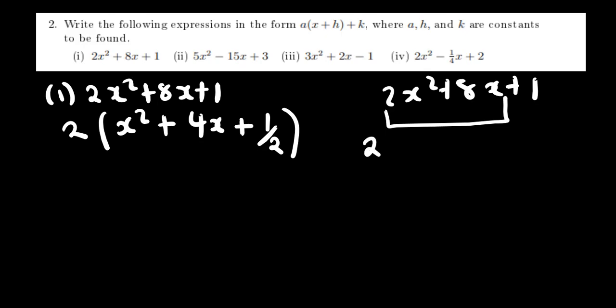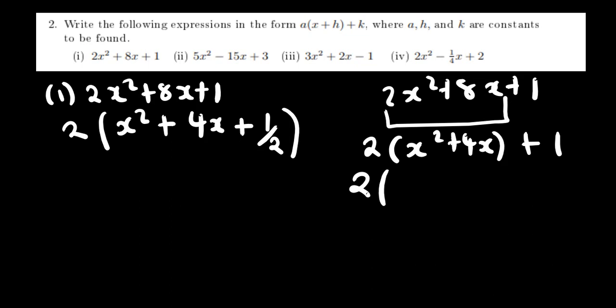So I have 2x squared plus 4x. Then the 1 will be at the end, because I'm trying to avoid the fraction. Okay, so if I solve this one, what am I going to have? I have my 2 there, then I'm going to half this one and square it. So what am I going to have? It will be a 2.